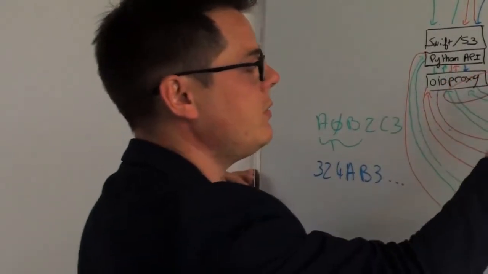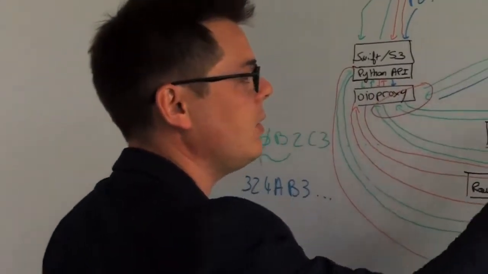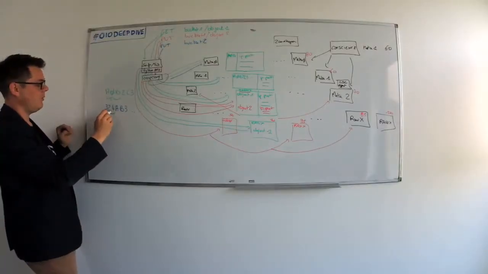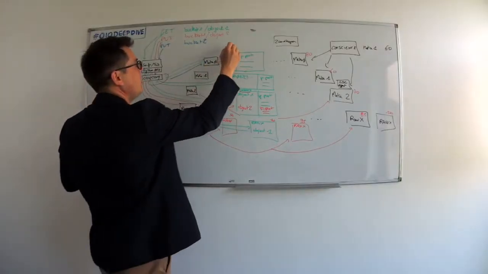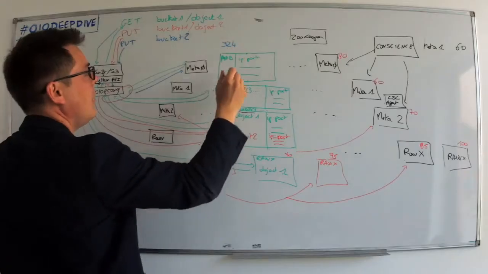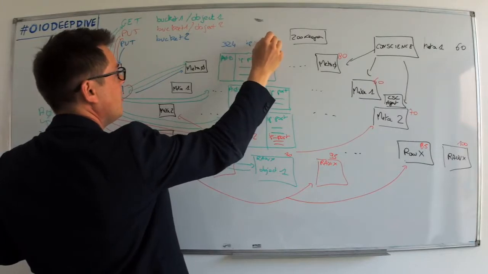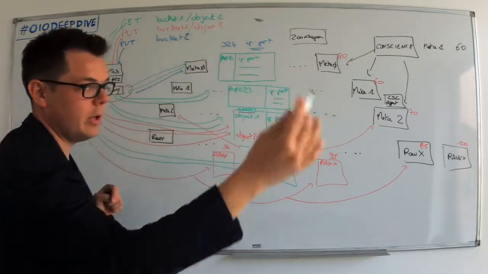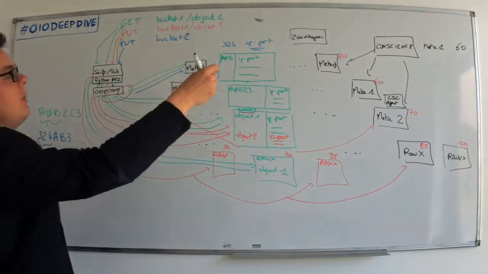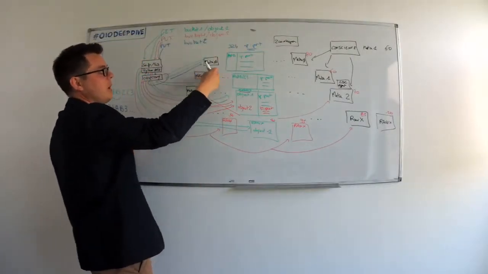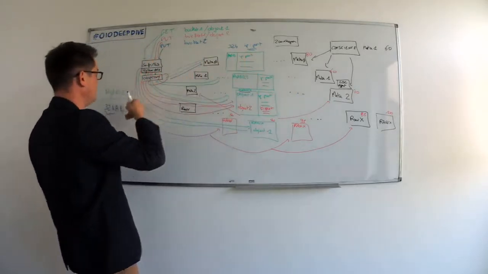So here we'll have a request to the Meta 0 saying that my first digits are 324, and like previously, you will get, in a three-time replication mode that you can change, three different possibilities, three different Meta 1 services, to get your information.